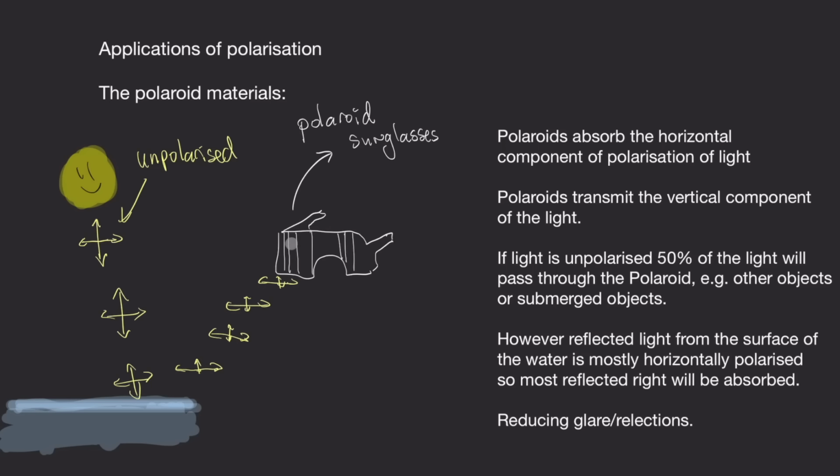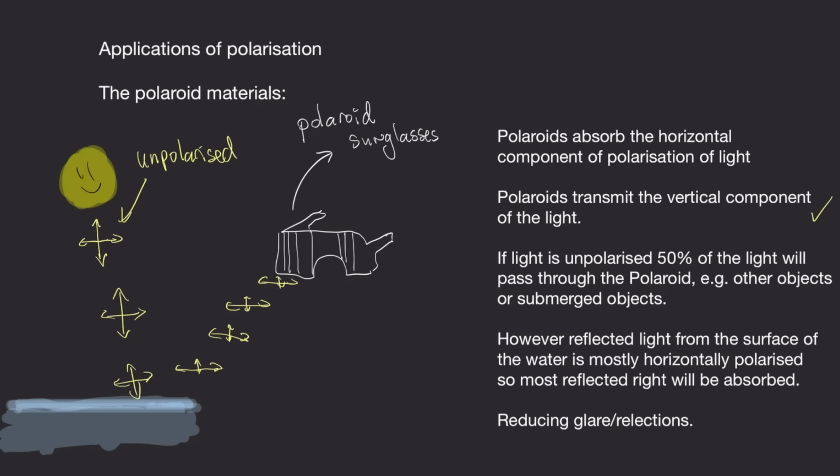However, our Polaroid only transmits the vertical component of the light. The horizontal component is absorbed. That means that most of the reflected light will actually be absorbed.